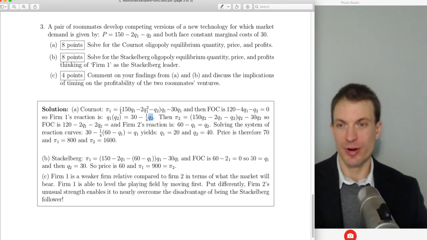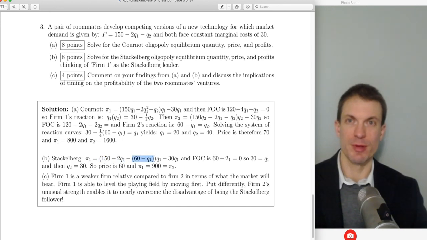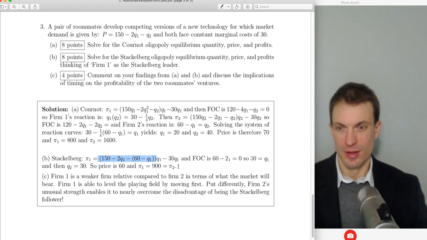So Stackelberg is going to start off with firm 1's profit function. If I wrote that correctly, it's going to look kind of like this. 150 minus 2q1 minus q2. But instead of q2, I'm going to write q2 as a function of q1. So I'm going to have 60 minus q1, right? Minus 30 q1. So simplify or distribute this q1 and then get the first order condition.